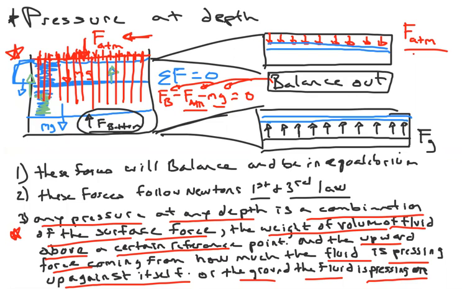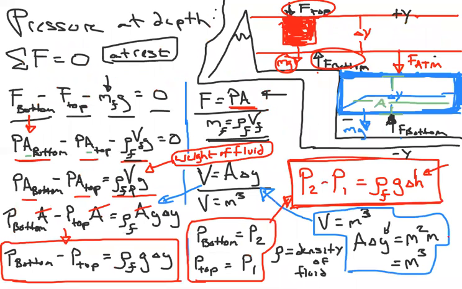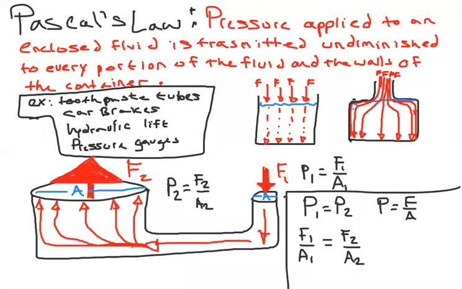And so that idea is called Pascal's law, because that's what was going on. That's essentially the idea that we use to derive this idea of pressure and depth. We can see that for atmospheric pressure, that force is being applied at the top, but not just at the top, it's also being applied all the way through the fluid, because we have to include the force at the top at any depth that we're at, as well as the weight.